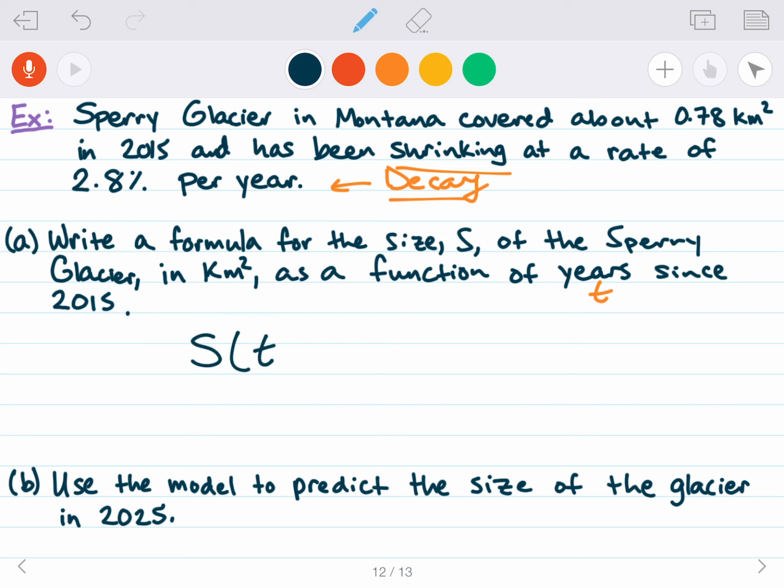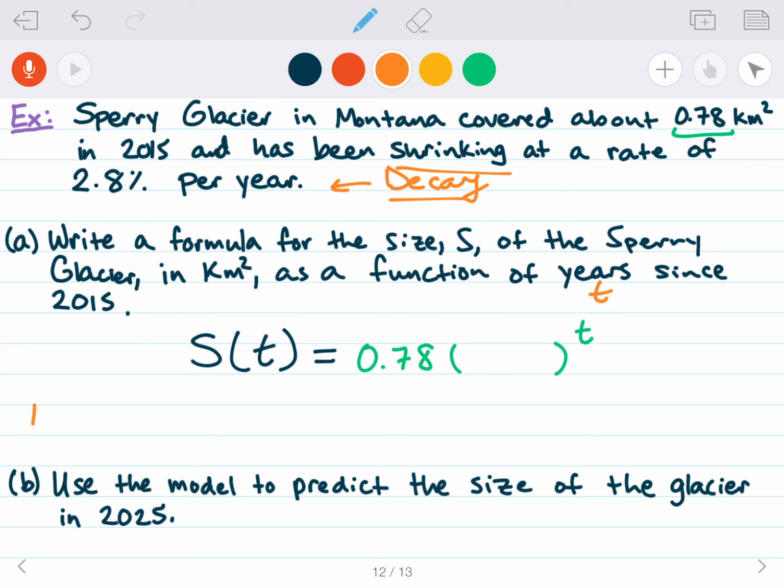Now, what was the starting amount of the glacier in 2015? Well, it was 0.78, so I'll put that in the front. And t is our variable right here. Now we need to figure out what goes inside the parentheses, what our growth factor is. And so since it's decay, we're going to use the 1 minus r version.